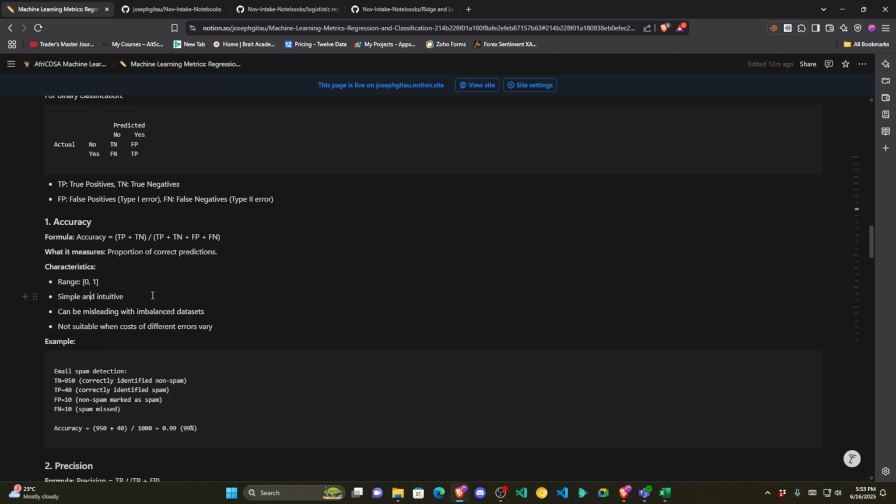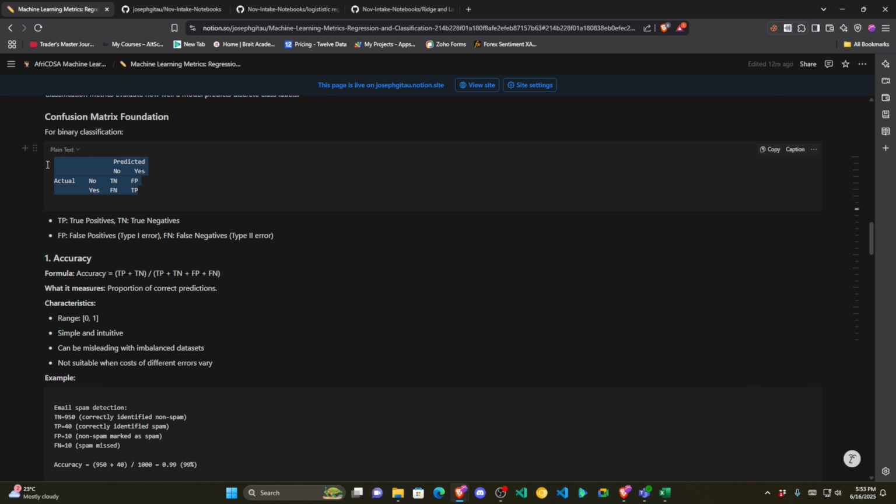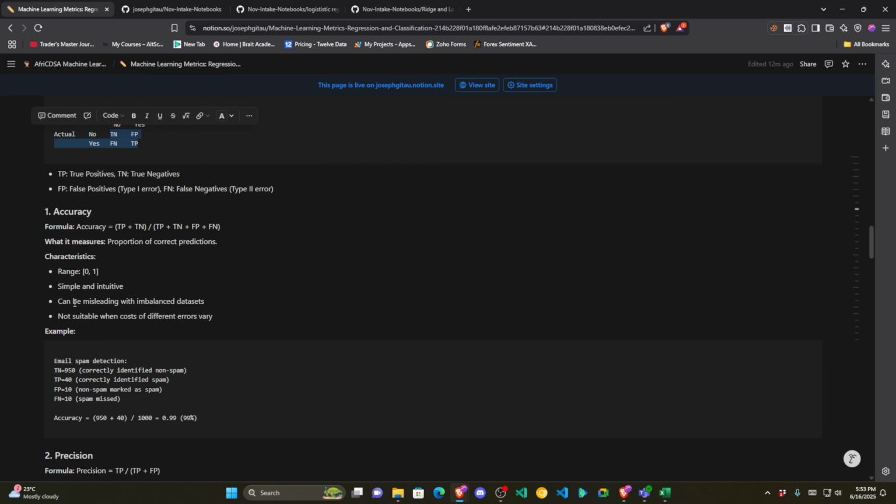It's simple and intuitive, but can be misleading with an imbalanced dataset. If your dataset is imbalanced, you wouldn't know which class of the data is contributing more to this confusion matrix. That's the reason we are saying it can be misleading with imbalanced class datasets.